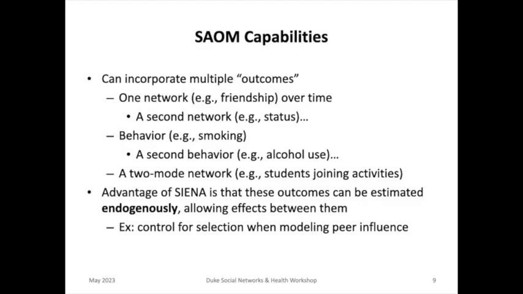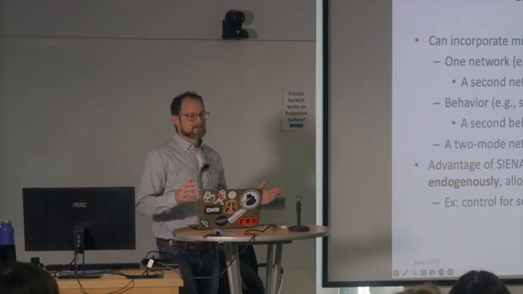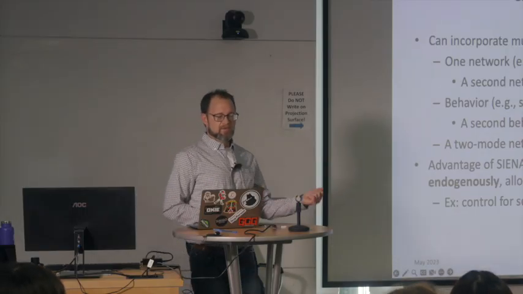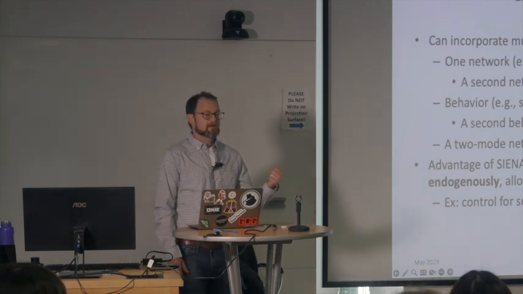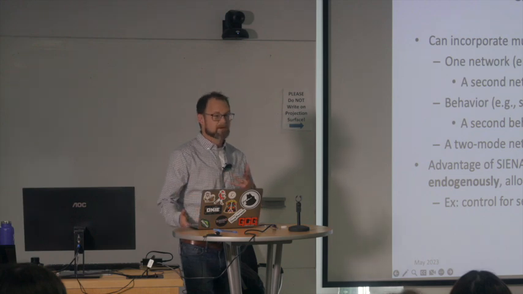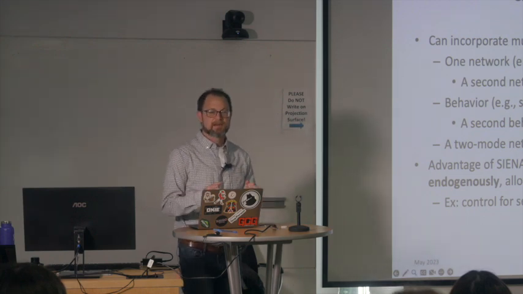One of the almost overwhelming things about a SIENA model is that you can have multiple outcomes. There's always at least one network outcome, but you can have a second network, a third network. You can model multiple networks evolving over time and influencing one another.